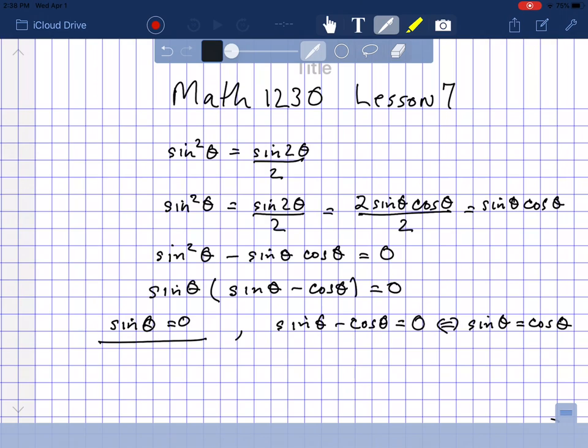Now, this first basic trig equation is easy to solve. We know the solutions are 0, pi, 2 pi, 3 pi, and so on.